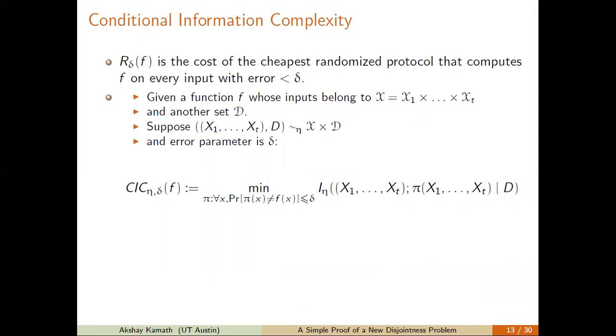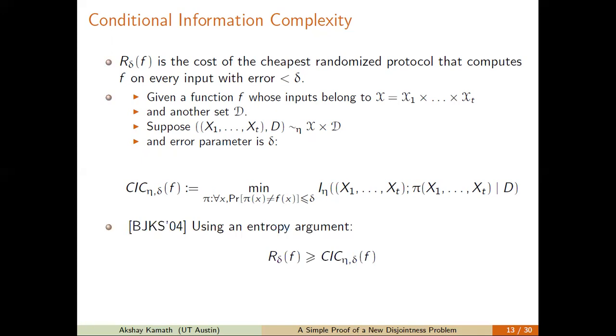And suppose that the error parameter that we desire for the communication protocol is delta. The conditional information complexity of f with respect to eta and delta is the minimum mutual information between the input and the protocol on the input conditioned on the auxiliary random variable D, where the minimum is taken over all protocols that err with probability at most delta on every input to the protocol.